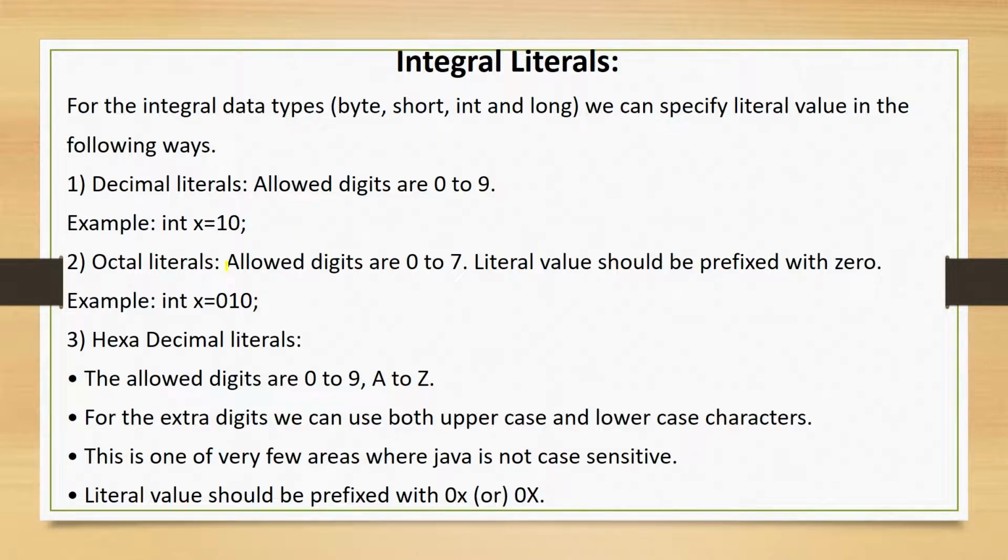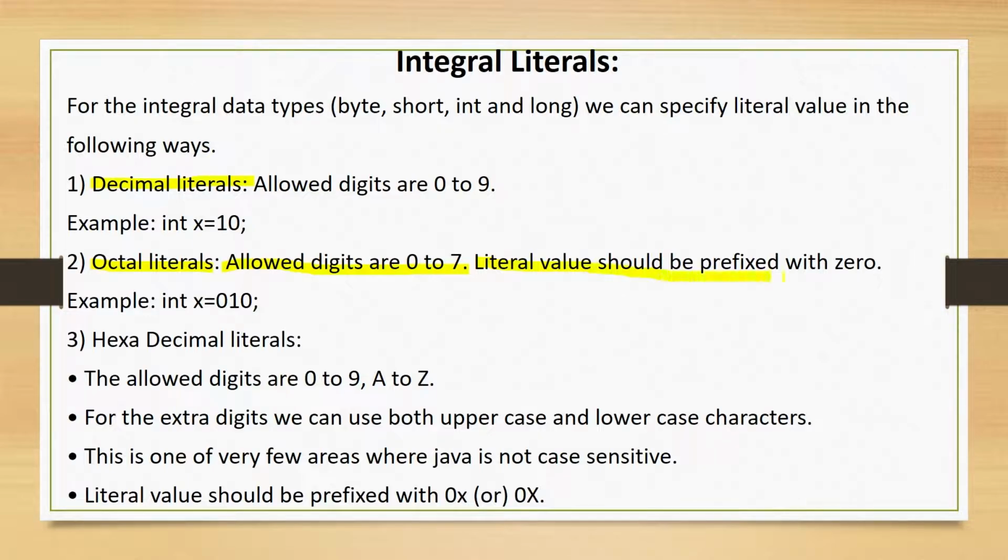So having prior understanding of number systems would be helpful in understanding these. The decimal literals we just saw are used for representing the decimal number system. Then these octal literals which we'll see now: in octal literals the allowed digits are 0 to 7. Octal literals are used to represent the octal number system, or numbers in octal format.